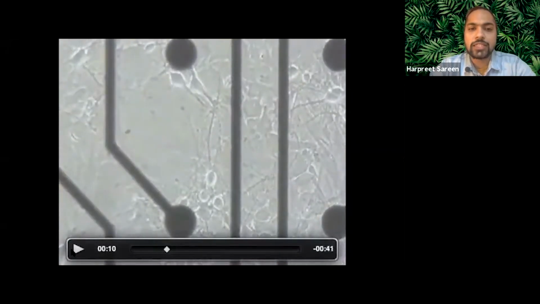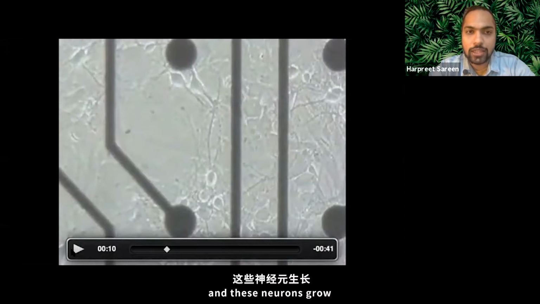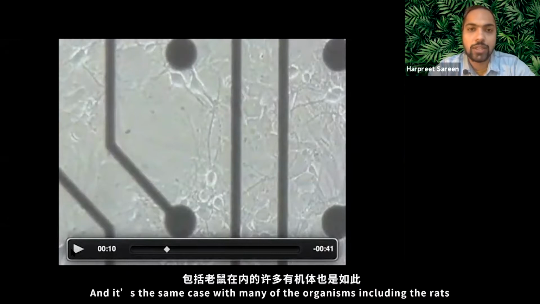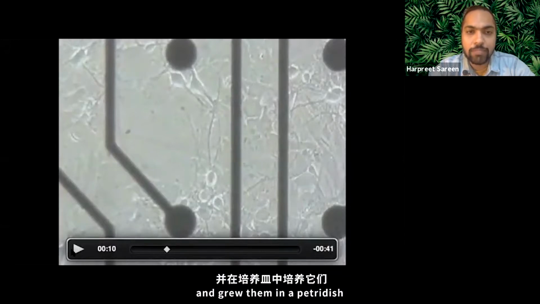So in this case, we know that our own brains have neurons, and these neurons grow. We recycle these neurons in our own brain every day, and it's the same case with many of the organisms, including the rats. So what these researchers did was take these neurons and grow them in a petri dish.